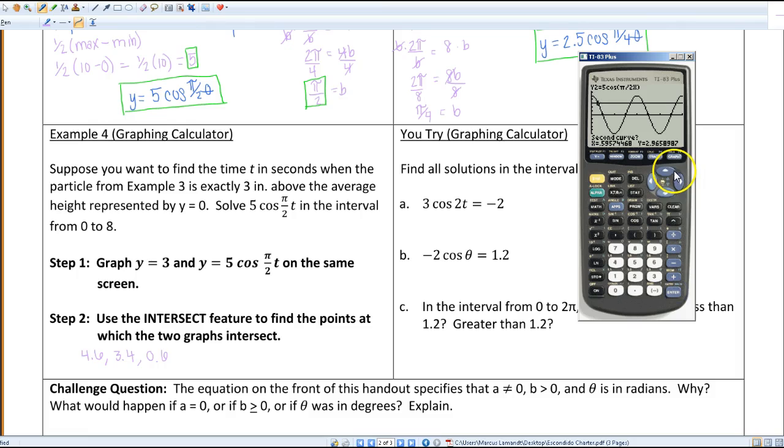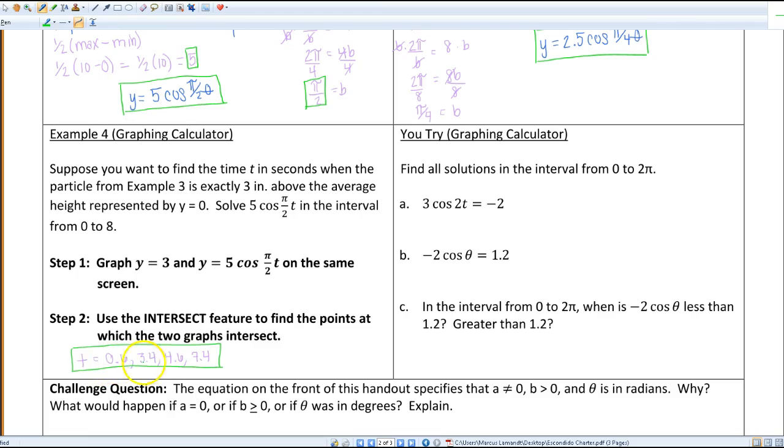First curve, enter, second curve. Okay. Enter. Guess. 7.4. Okay. I rearranged the numbers so that they're in order from least to greatest. That's really how you should write it.